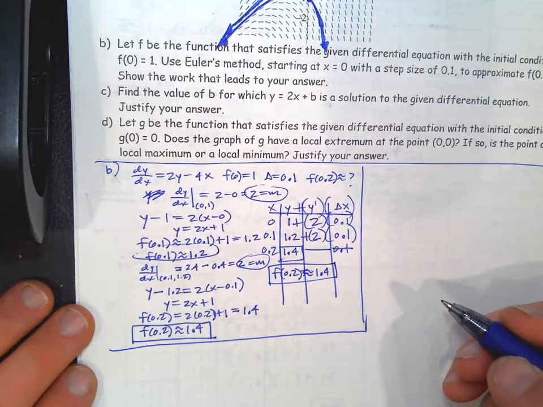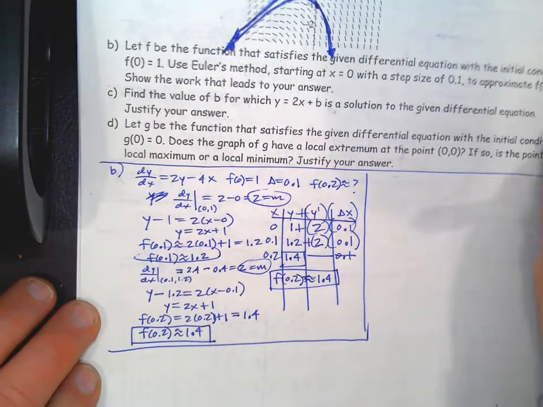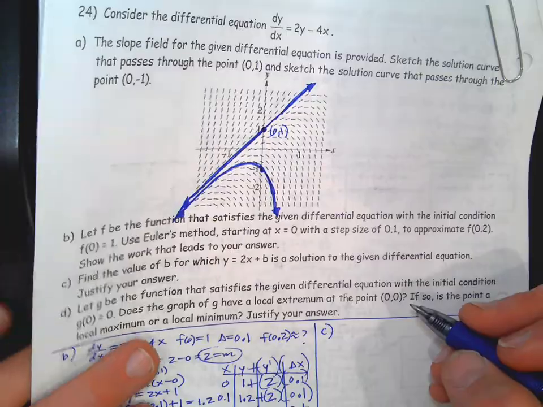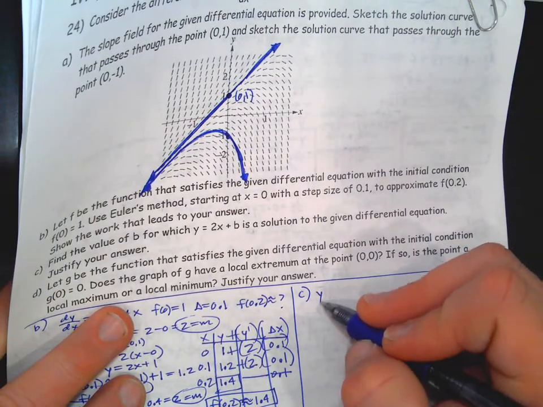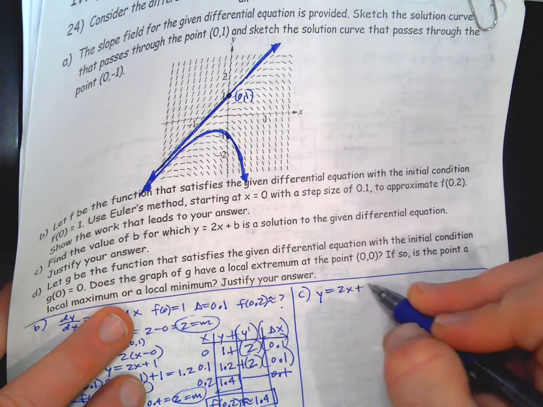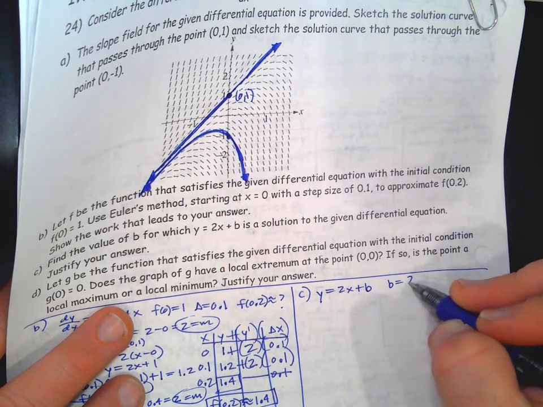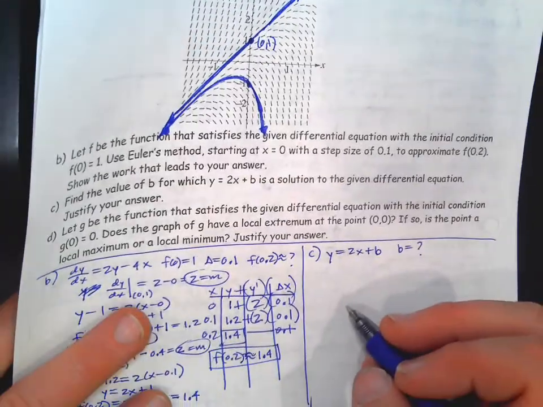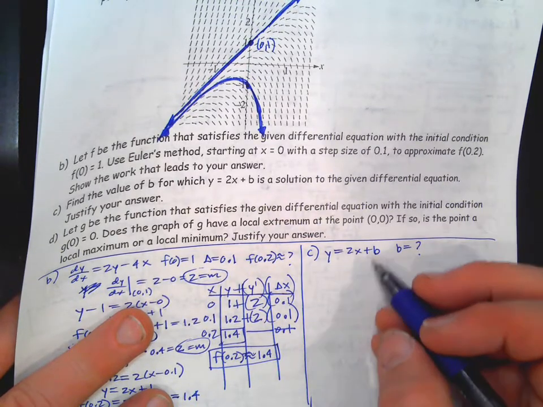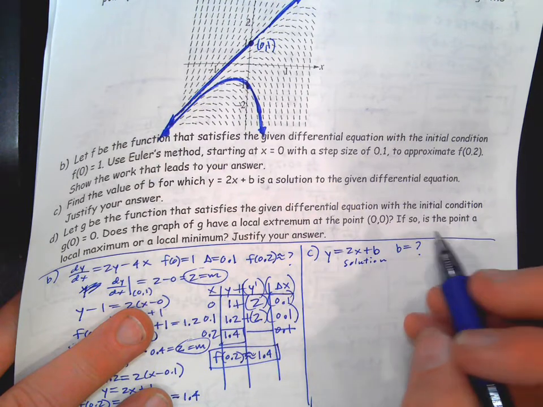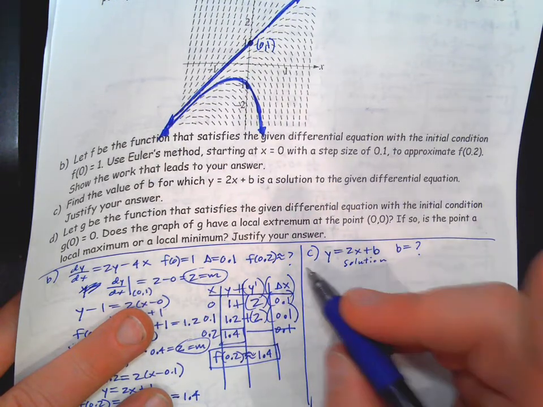Okay? All right. Part C says, find the value b for which y equals 2x plus b is a solution to the differential equation. Well, we're saying this is a solution to the differential equation, which means if we take this derivative, it should equal that other derivative, right?